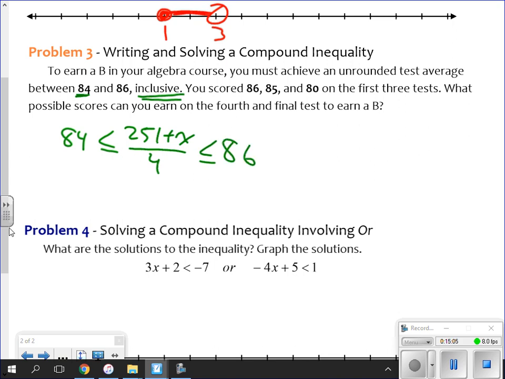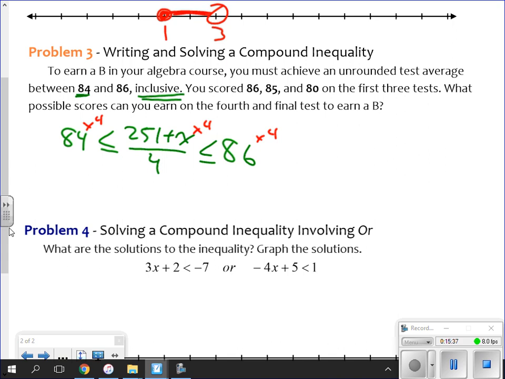Now, you have a classwork problem that looks just like this. My first step is not subtracting 251 from both sides, because I have 251 plus x, all of that being divided by 4. So my first step is to multiply times 4. I want to multiply this times 4, and this times 4, and this times 4.